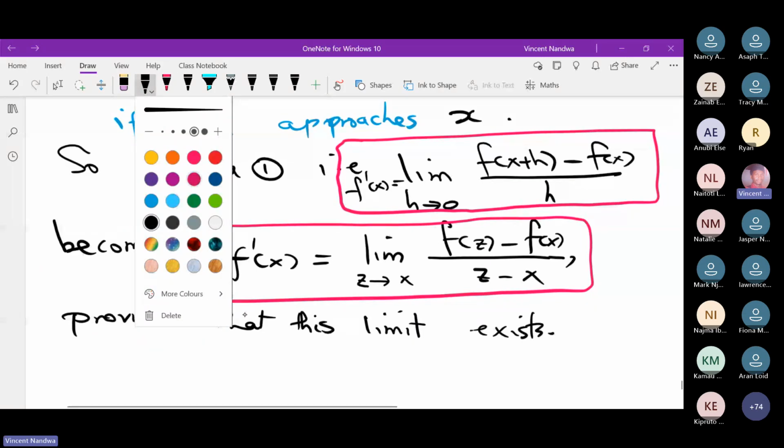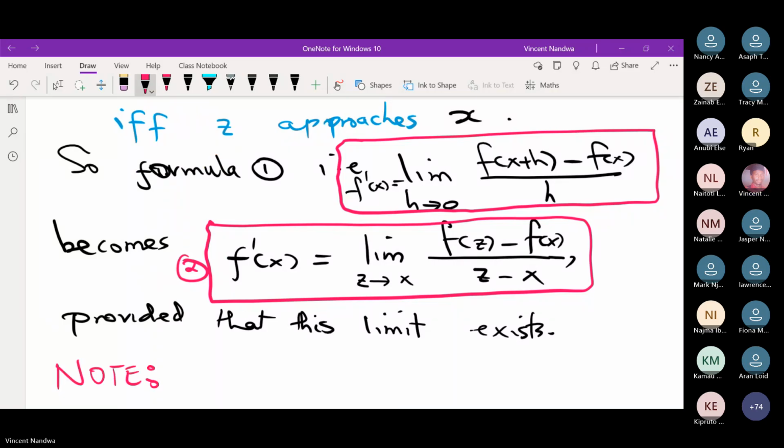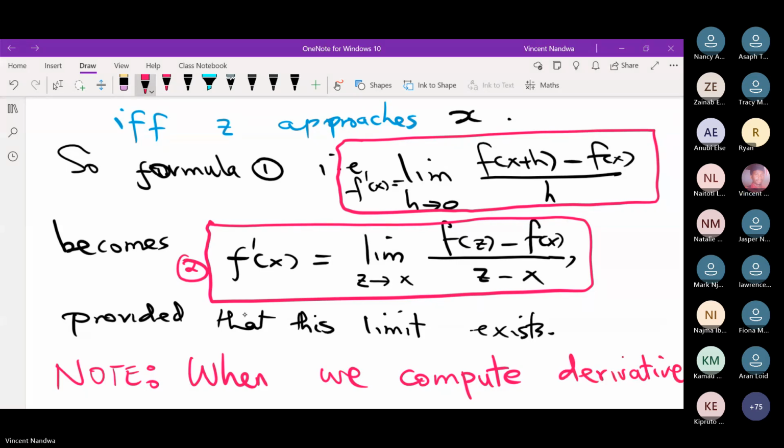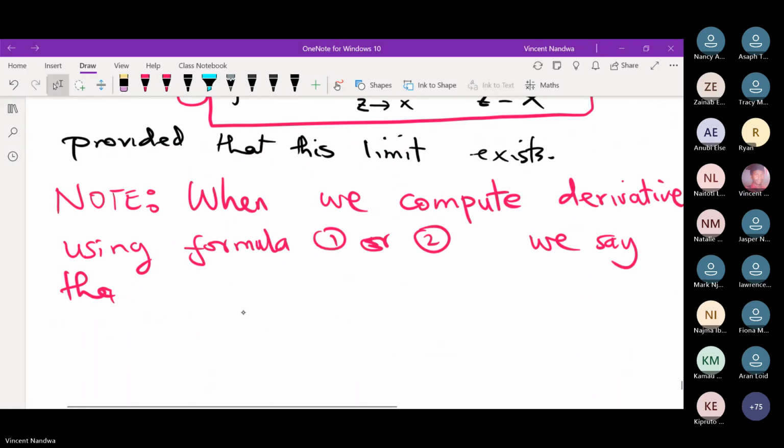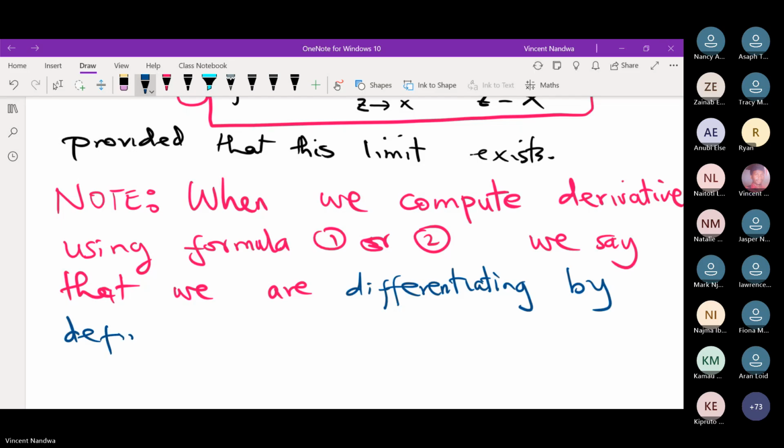So having that definition of derivative, note that when we compute a derivative using formula 1 or 2, we say that we are differentiating by definition, or using first principle.